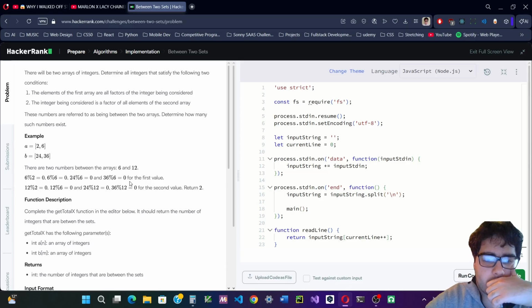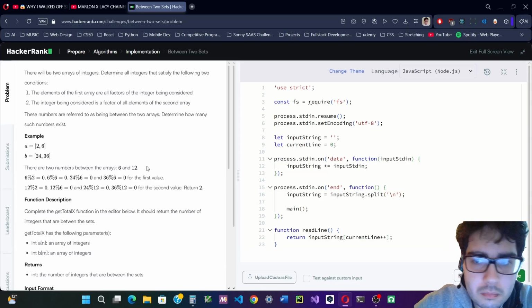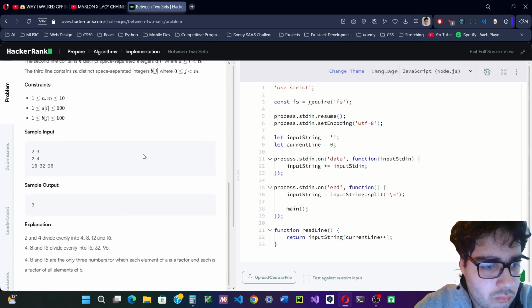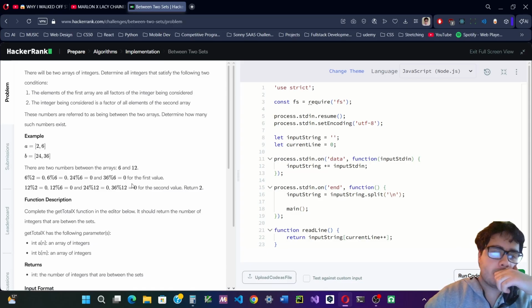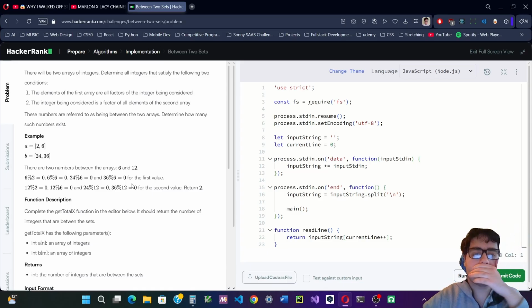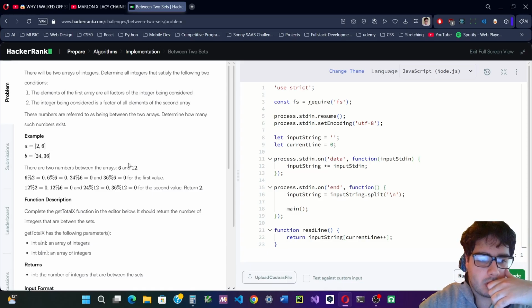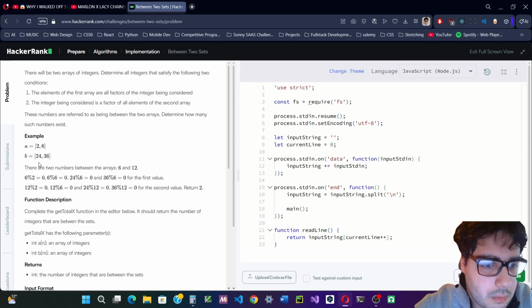Then 24 and 36. But 24 can be divided by 2 as well, and 36 can be divided by 2 as well. So why is it only 6 and 12? Two numbers between the arrays, 6 and 12.